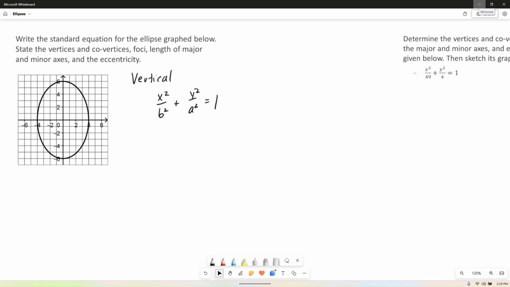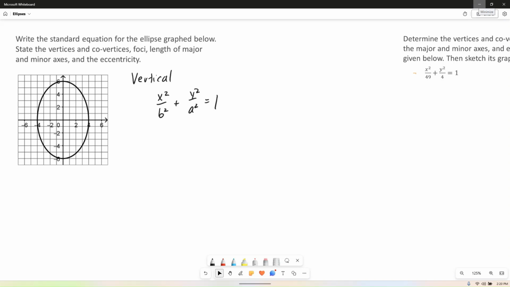A vertical orientation corresponds with y, so we want the a, the bigger number, to go with the y. So it's vertical, y is bigger, a goes with y, and the b has to go with the x.